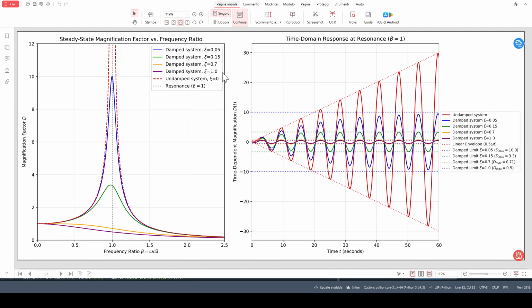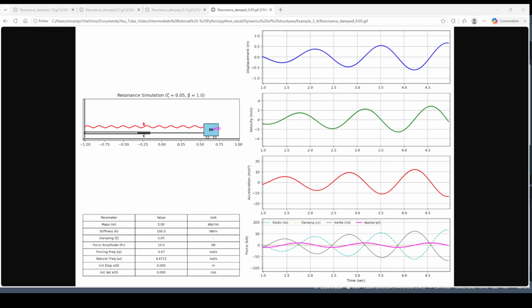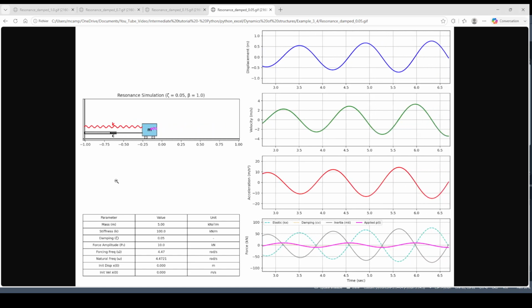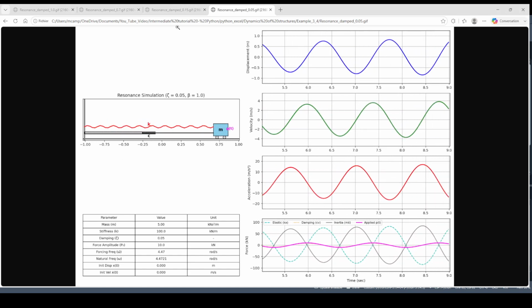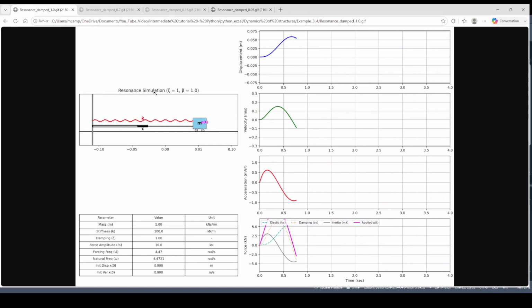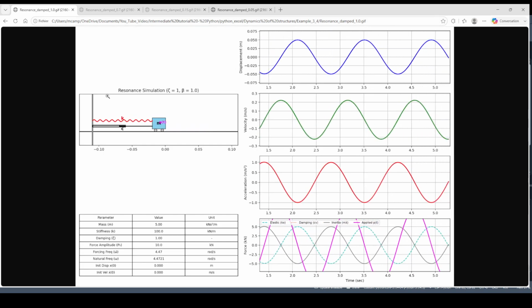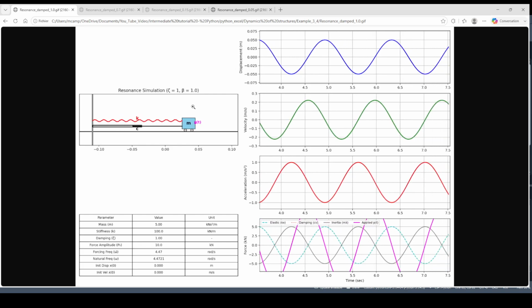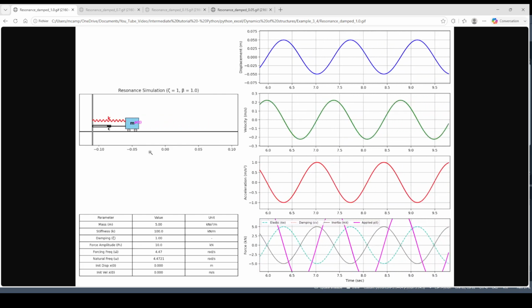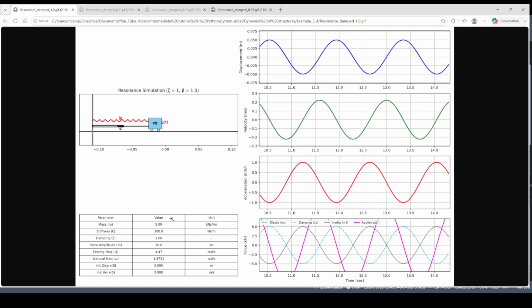We can visualize this in a simulation. We can see for the undamped system, and for beta equal to 1, this is the graph.